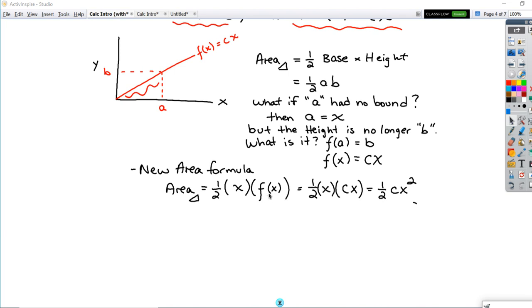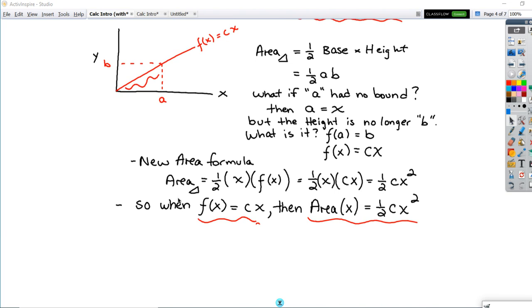The height would be the corresponding value of the function evaluated at x, which we could substitute in Cx. And if you simplify that down, you get 1/2 Cx squared. So again, I want you to make the connection here that when the function is f at x equals Cx, then the area under this function is 1/2 Cx squared.